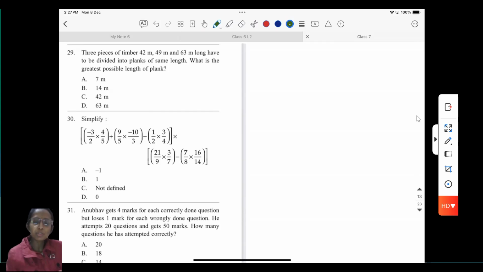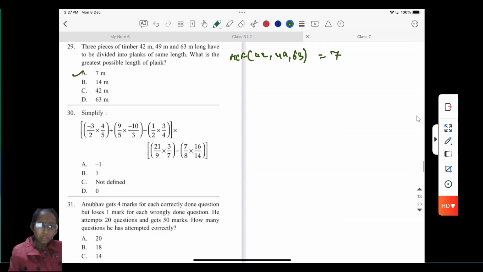So if they have to be divided into planks of the same length, that means the length of the plank will be a factor of all the three lengths of the timber. So it must be the HCF, the maximum common factor of all three, that is HCF of 42, 49 and 63. So the answer is 7 meters.